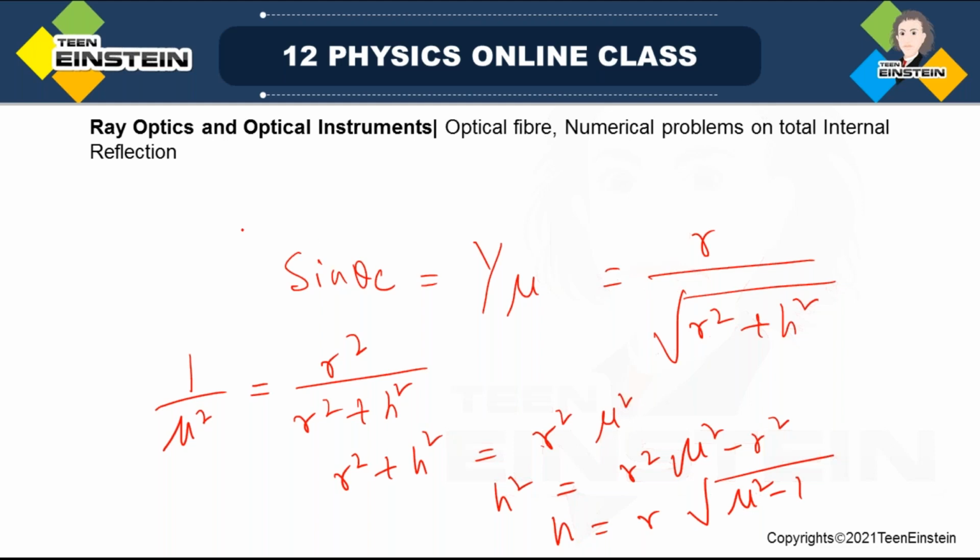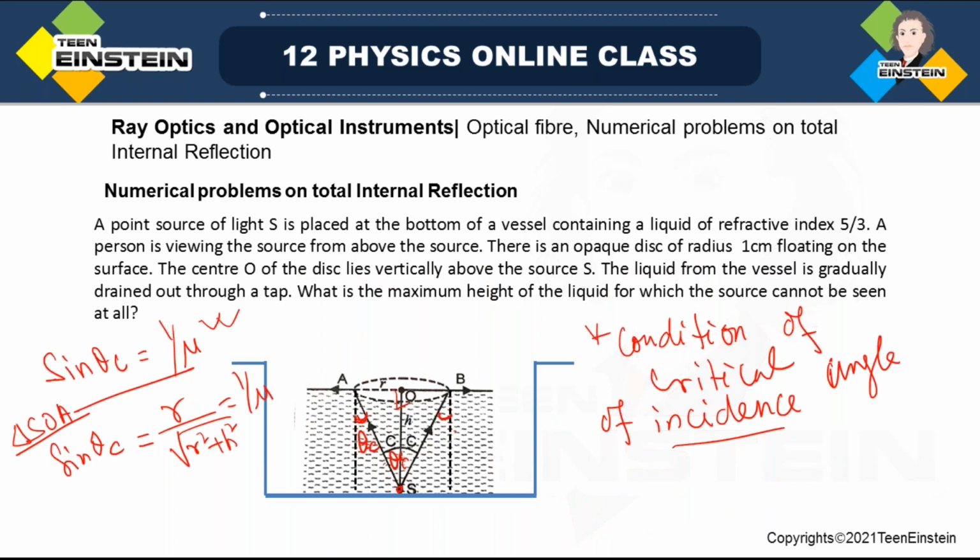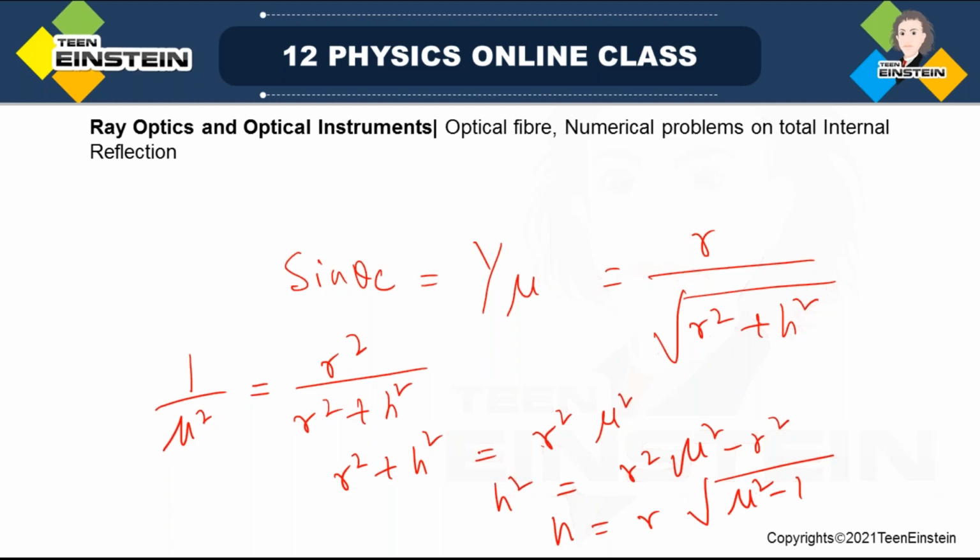Now let us find out what information is given here. The refractive index 5 by 3 is given, so mu is given, and the radius of the disk r is given. If r is given, then everything is done. r is given as 1 centimeter, which can be written as 10 to the power minus 2 meter, and mu is 5 by 3.